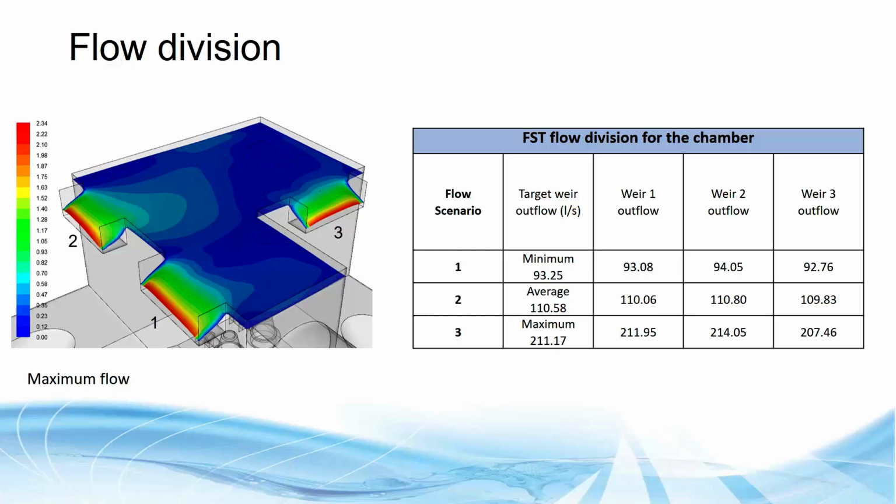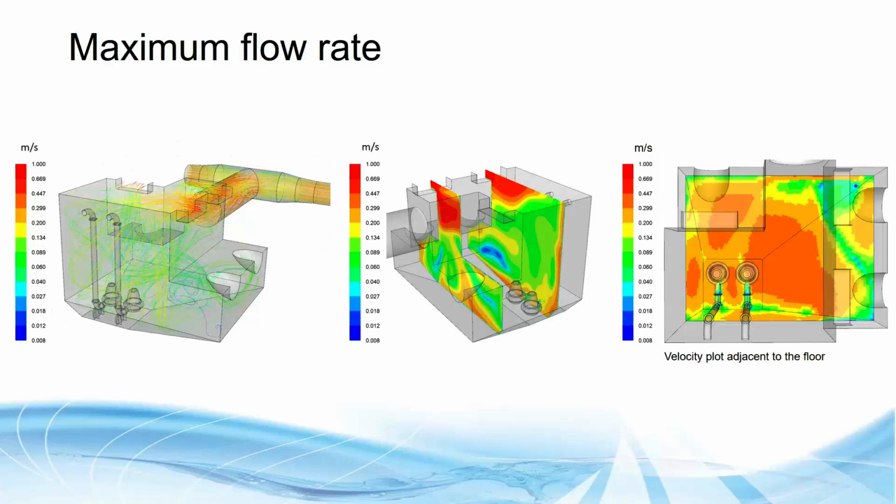The biggest differential was the maximum flow of weir 3, where it was about 1.8% lower than the target. So flow split within the chamber was exceptionally good. Very happy with that. The issues appeared with velocities.